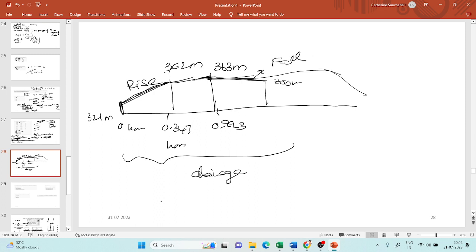Since the chainage is increasing in this way, this is called rise and this is called fall. If you are making measurements in this direction, taking this as 0 kilometers, this as 0.34 kilometers, then this will be rise and this will be fall. Either way, the final thing is the change in gradient.